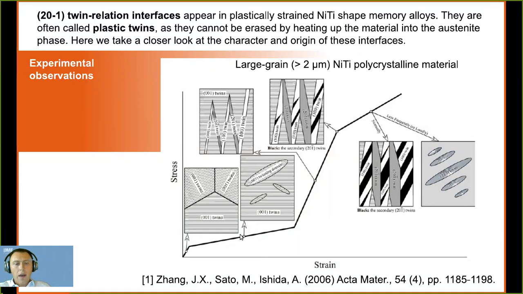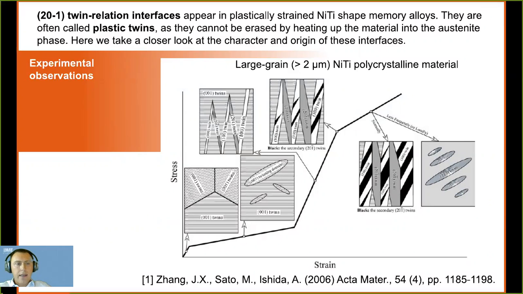Once you go beyond the stress plateau for B19 prime martensite, your stress starts rising and you start observing these zigzag wedge patterns composed of 100 twins and 20-1 twins in martensite.